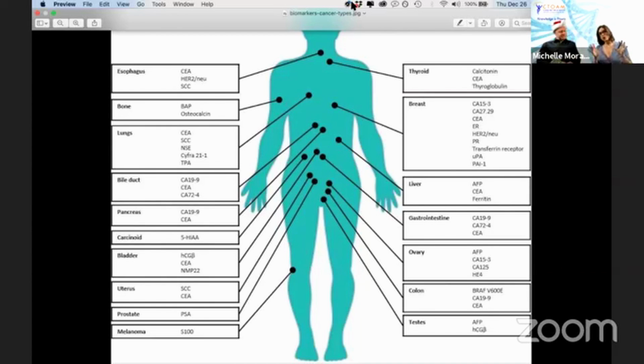Yeah. So for those of you watching at home, if you have high PSA or high CEA or CA19-9 or all of those things, that doesn't necessarily mean that you have cancer. No, not necessarily. But the reason I'm saying that is because if you're experiencing some other symptoms and you're concerned that you might, there are some things that you can do to find out faster. Yeah.